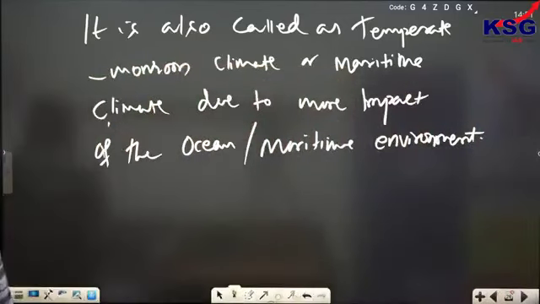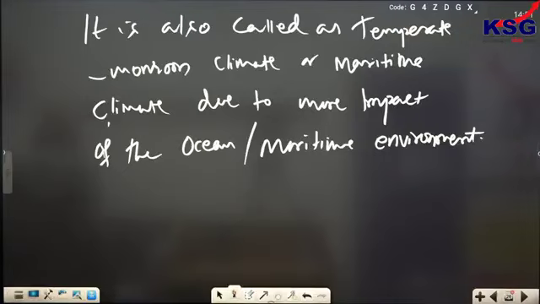Okay, so this type of area is greatly influenced by what climatic condition? This climate is temperate monsoon, I said, because of the differential heating and cooling of the ocean and continent.